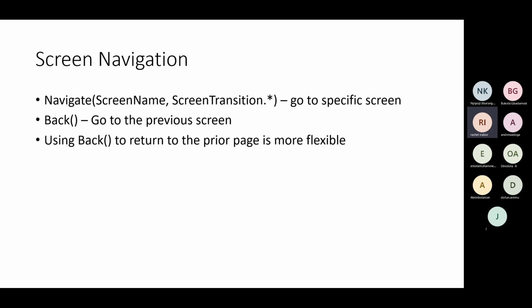But with that Back function, I cannot move to my profile screen, because the Back function takes me to my previous screen. And also in screen navigation, we have the Exit function, which logs out that particular user from the application.